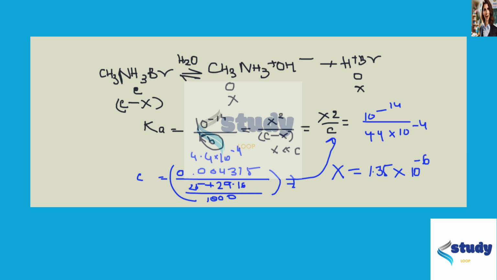Now, a couple things before we go on to the next page, because it's going to be a continuation of this part, is that the amount of HBr produced is X. The value of X is 1.35 into 10 to the power minus 6. HBr is a strong acid. So the tendency is that HBr will not stay as HBr but break up into H plus and Br minus ions, right?